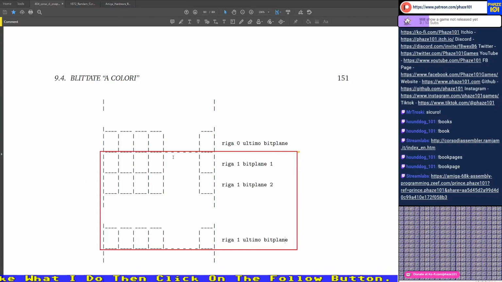But because I'm working on a system that is using Kickstart 3.0 and above, the reference converter tends to be a bit funny in how it works. So I prefer the IFF to AGA converter, which also requires a higher Kickstart. So I will be showing you that.